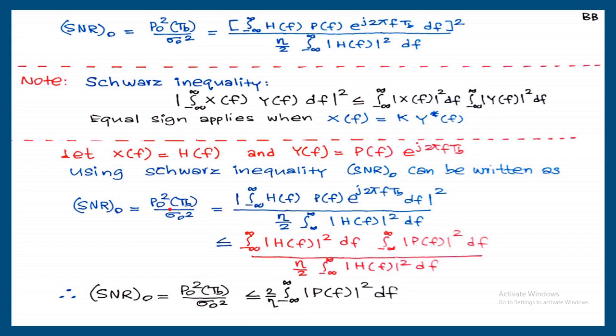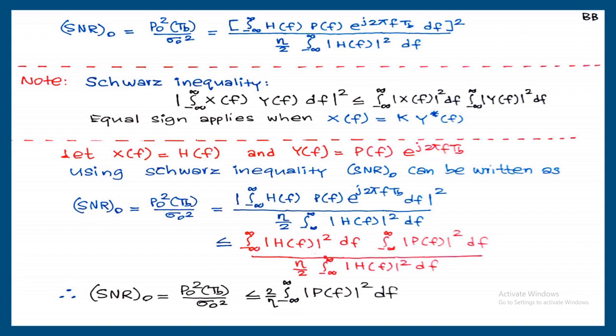So signal to noise ratio is equal to P0 square TB upon sigma 0 square, less than or equal to, due to this inequality, integral modulus x of f square df times integral modulus y of f square df upon same denominator, eta by 2 integral minus infinity to plus infinity modulus h of f square df.